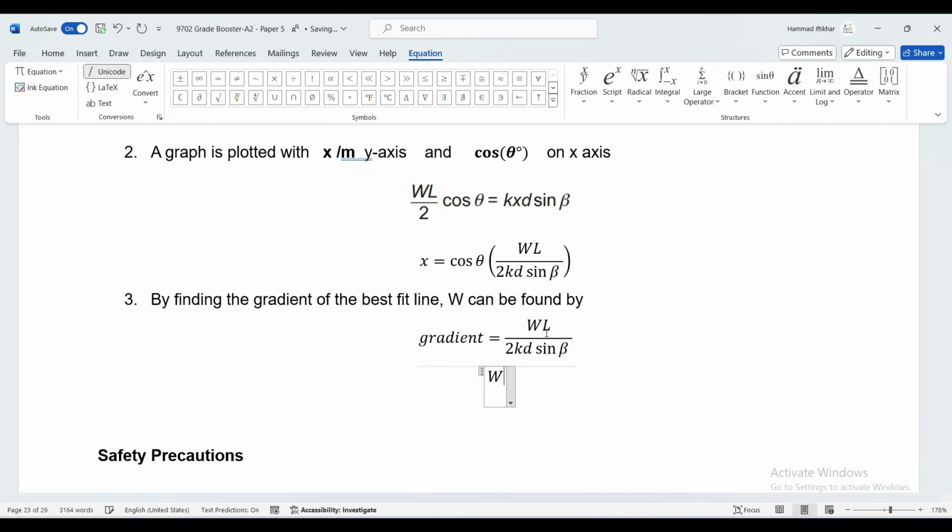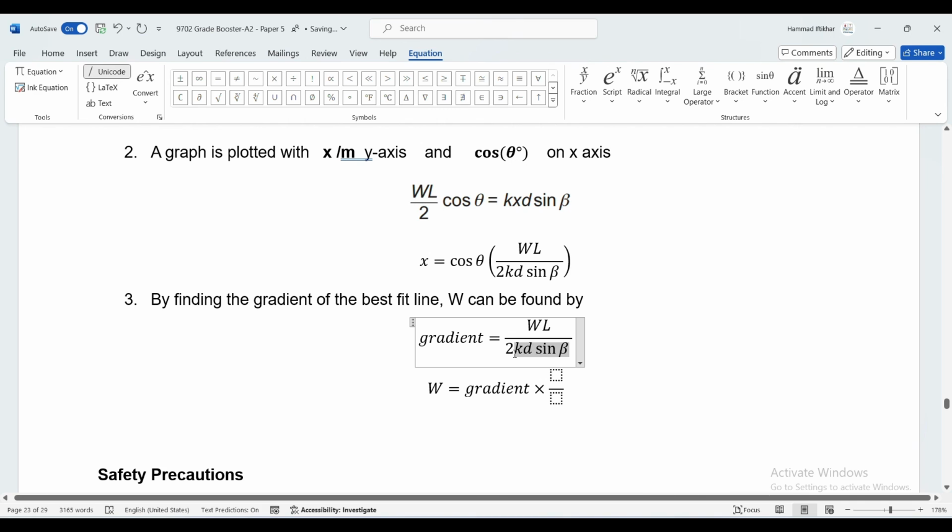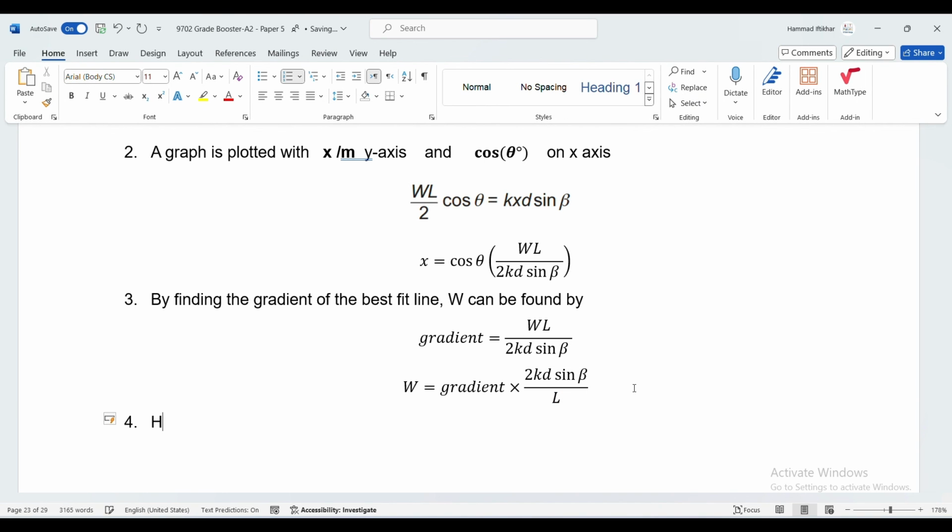So therefore W will be equal to gradient times 2kd, this entire thing, divided by. Okay, now finally the hypothesis is only valid if a line of best fit can be achieved. Right, so this is our analysis.